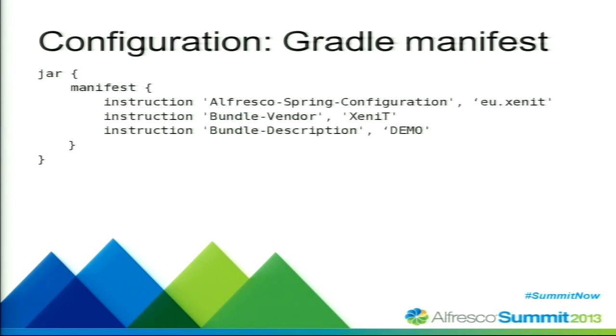We're saying everything inside eu.xenit can be considered a Spring Bean if it's annotated with the correct stereotypes, like component. And then we have 2 more instructions: bundle vendor and description. That's mainly useful in the interface when you have the listing of the bundles. You will see it as a form of documentation, but it's not a strict requirement.